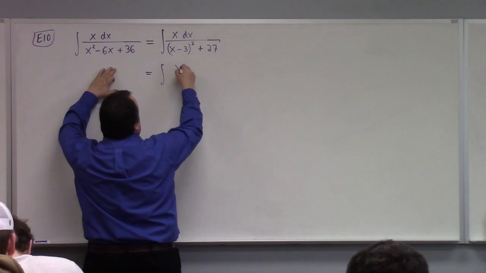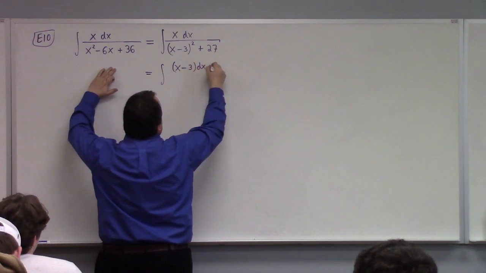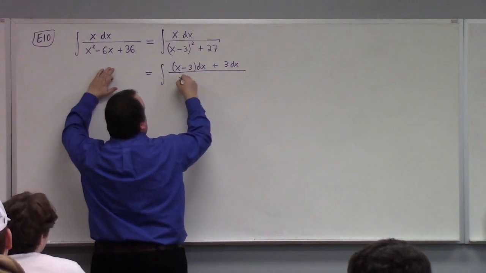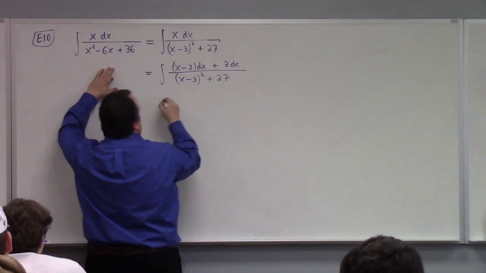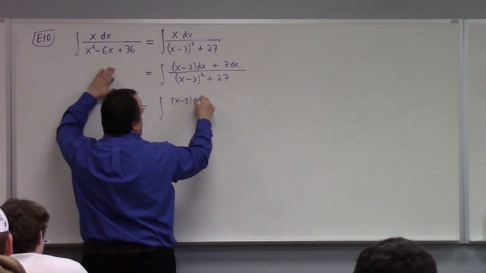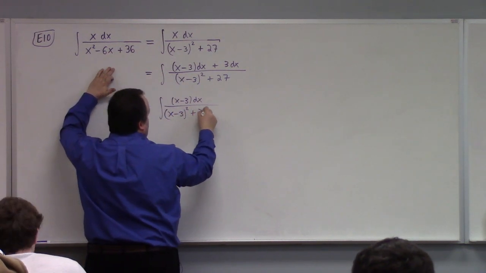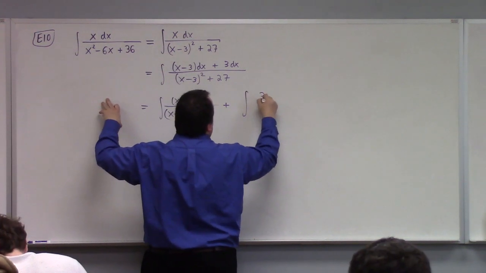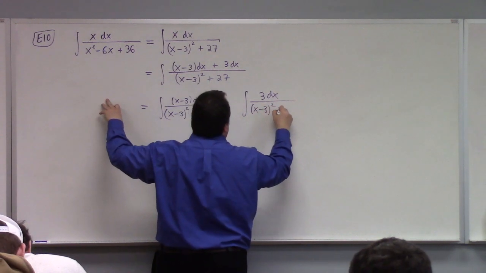I'm going to trade that x for x minus 3 dx plus 3 dx divided by x minus 3 squared plus 27, which will give me 2 integrals. It gives me x minus 3 dx over x minus 3 squared plus 27 plus the integral of 3 dx over x minus 3 squared plus 27.